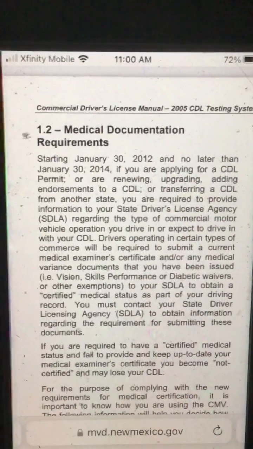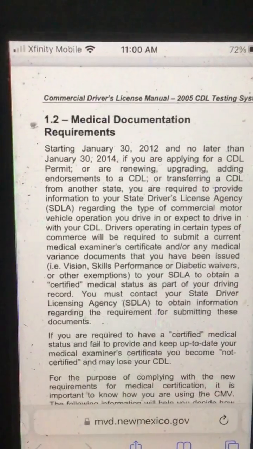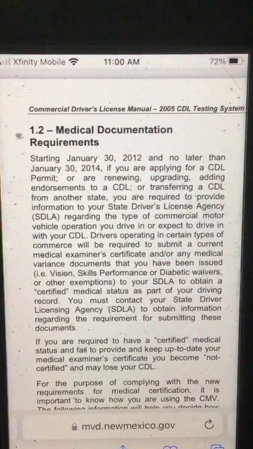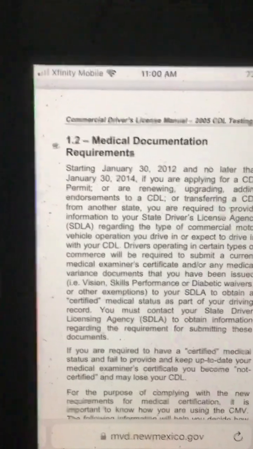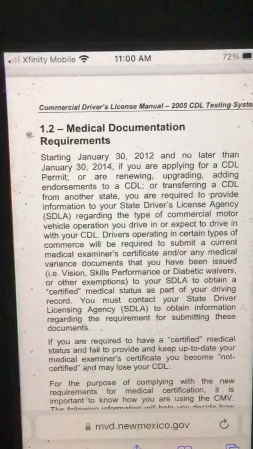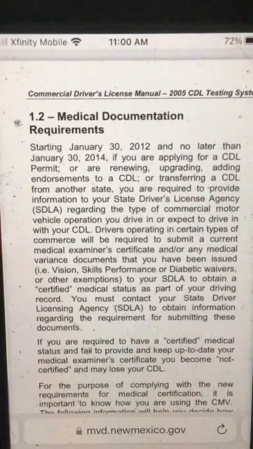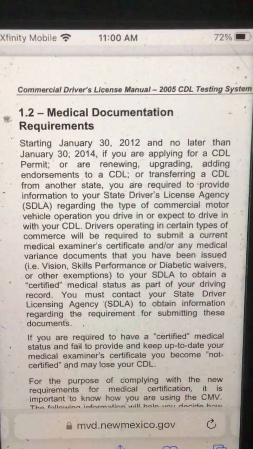Drivers operating in certain types of commerce will be required to submit a current medical examiner's certificate and/or any medical variance documents that you have been issued.